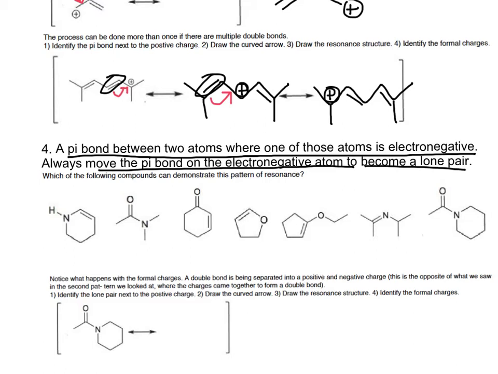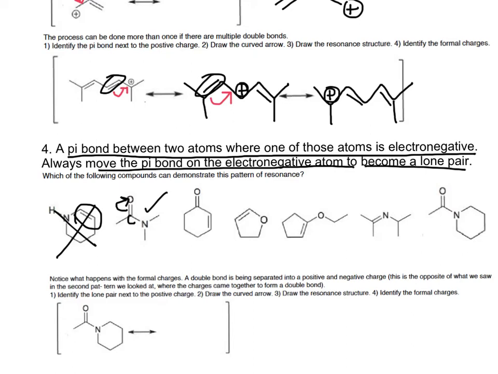So if we look at this first example, we have a pi bond between two carbons. The two carbons are equal electronegativity, so this does not satisfy that pattern of resonance. Here we have a pi bond between a carbon and an oxygen. So we can move that pi bond onto the oxygen. So this does satisfy that.